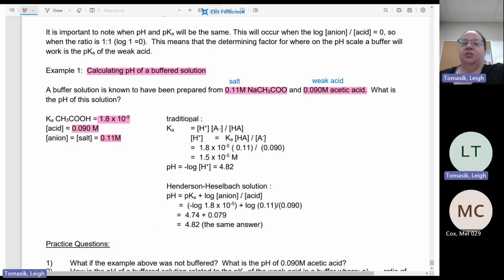The traditional way to do this is at equilibrium, right? So we make the equilibrium expression.